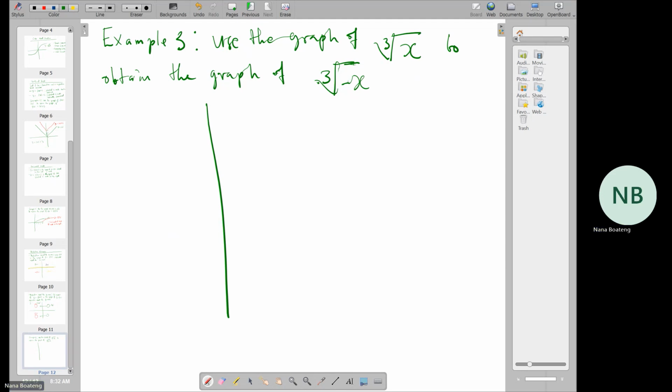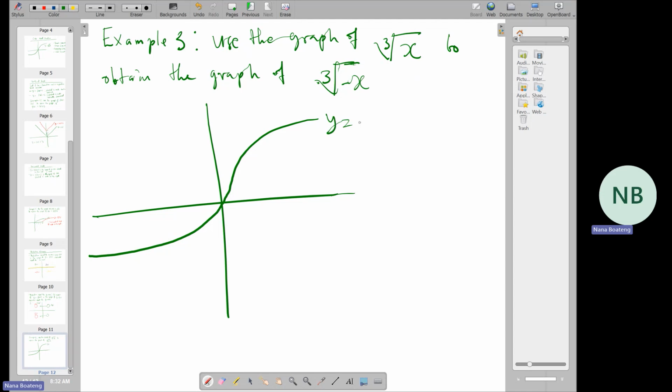So the cube root of x, earlier we saw that the cube root of x looks something like this. This is y is equal to the cube root of x. So if we reflect it along the y-axis, this part here is now going to look something like this.